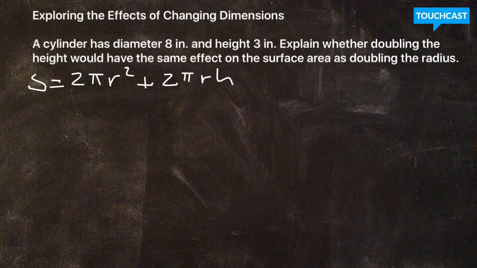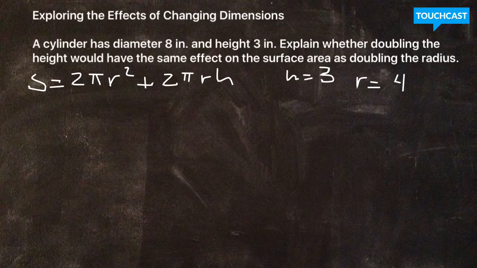We know the height from our problem is 3, but they don't explicitly tell us the radius. They do tell us that the diameter is 8 inches, and remember the diameter is just twice as much as the radius. So we can just take 8 and divide it by 2 to find out what the radius is. So the radius will be 4 inches.